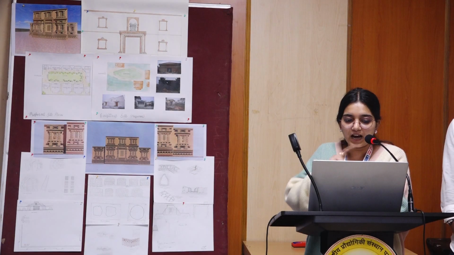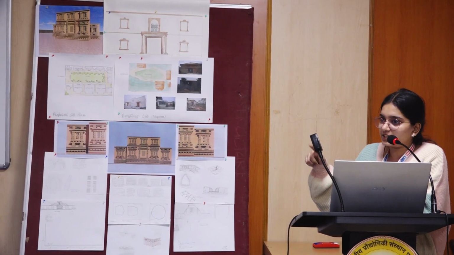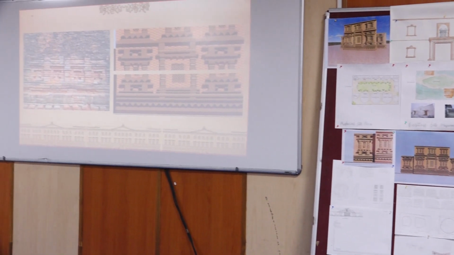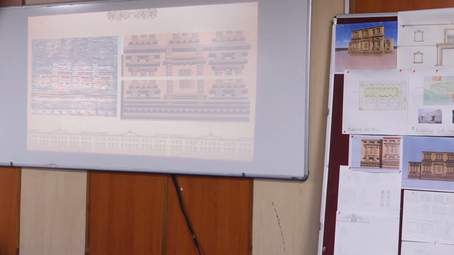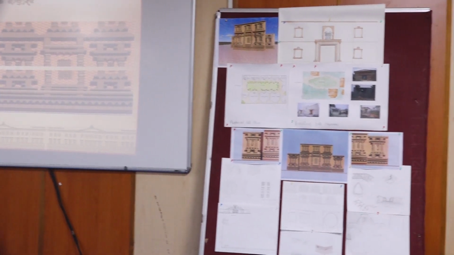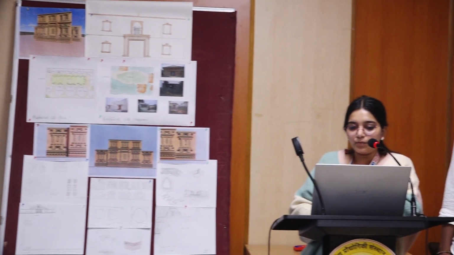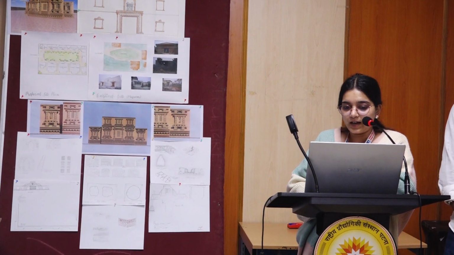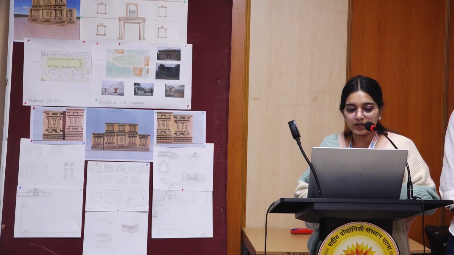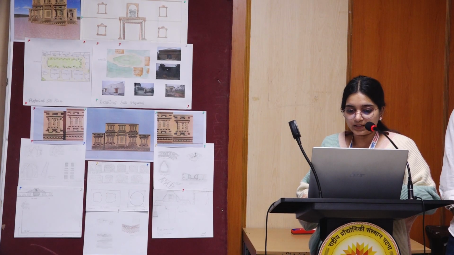The eye-shaped pattern that you see in this picture is also from temple 14 and from temple 13, which was taken into account and added to the facade. You can see it in the upper portion and the lower portion. These are two different portions of the facade, so here and here, two places.